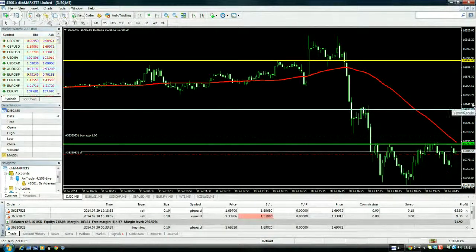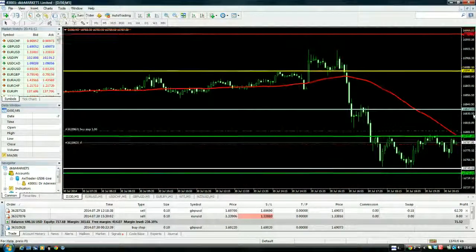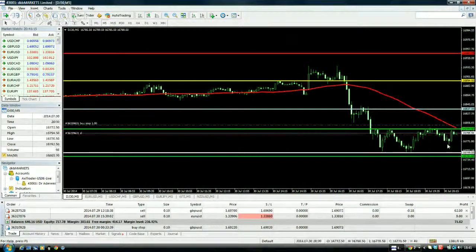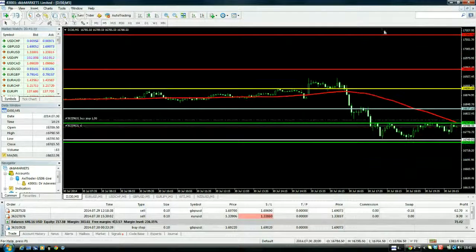I usually use a couple of strategies to trade. The lines you've seen on my chart, for instance, this green, yellow, and red lines are my pivot point lines. So I use the pivot point in terms of my day trading strategy.